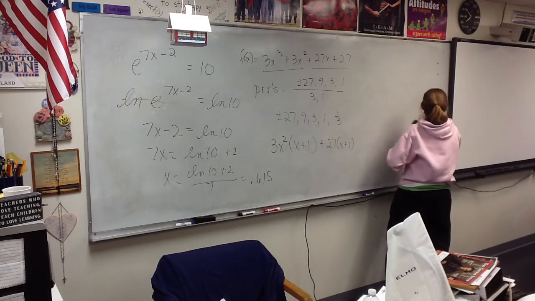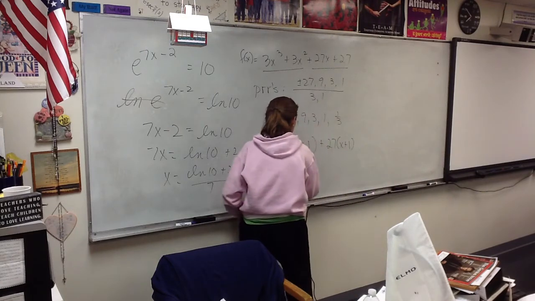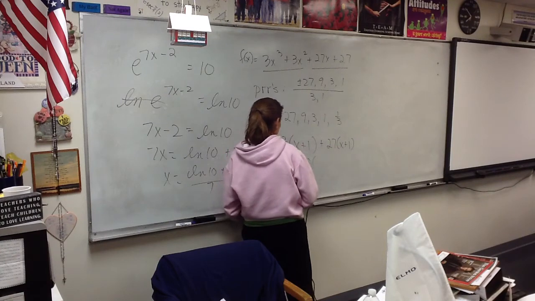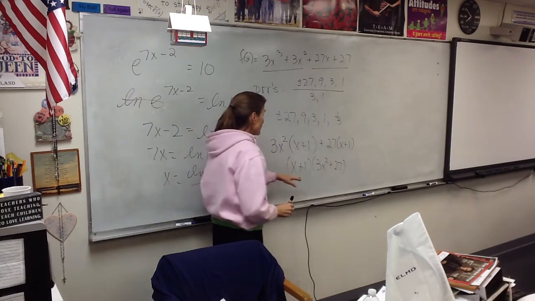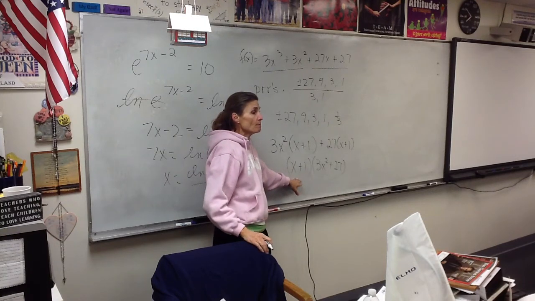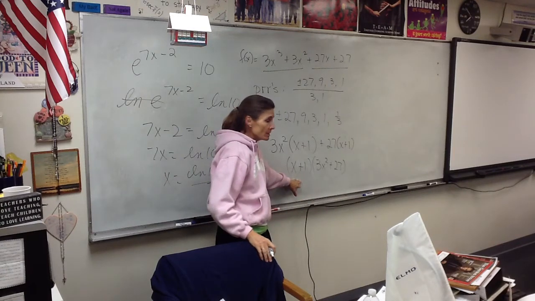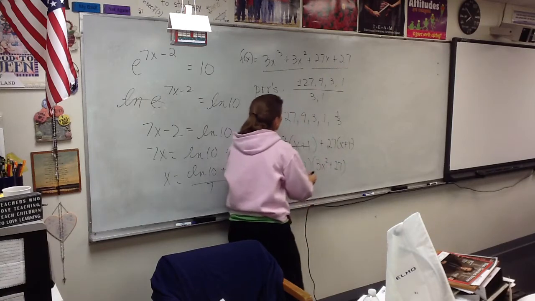So now I'm going to write down the factor that repeats. So I'll write down the x plus 1. And then I'll smush everything else together. So I have 3x squared plus 27. Notice when I write this down, I don't square it or anything. I just write it down. And then everything else goes in another parenthesis.